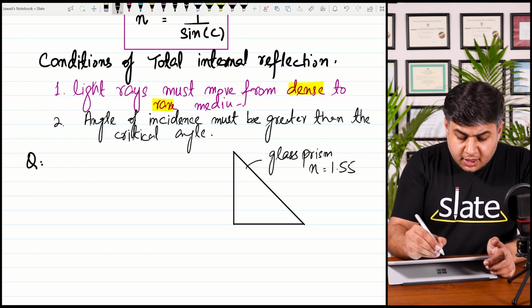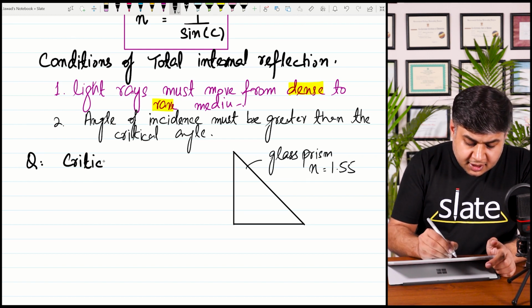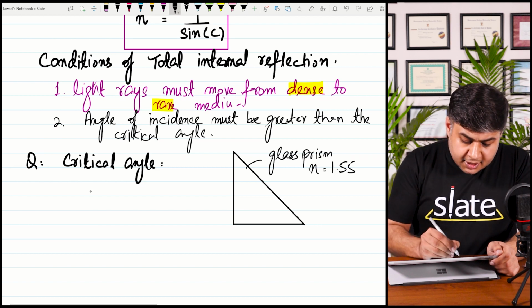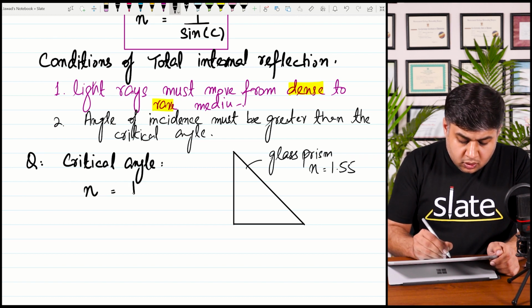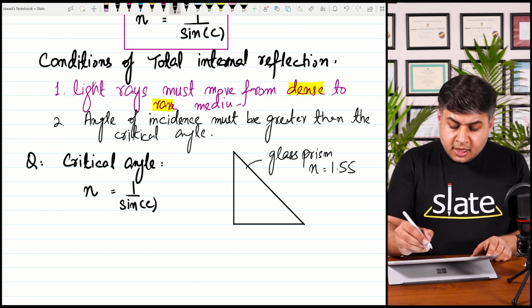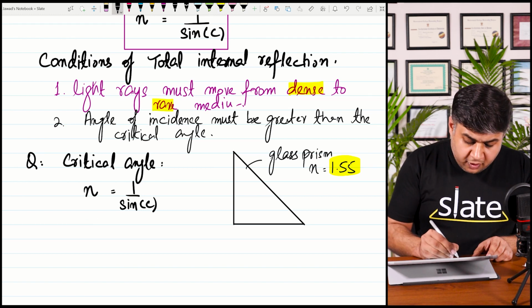First part of this question is what is the value of critical angle for this glass? So here we will use the fourth formula of refractive index, which is n is equal to 1 over sine of critical angle. For this glass the value of refractive index is 1.55.